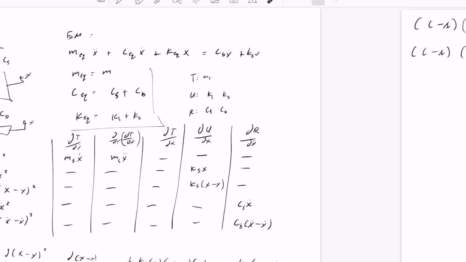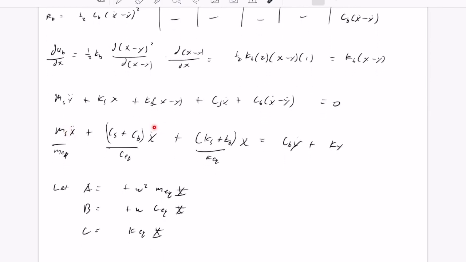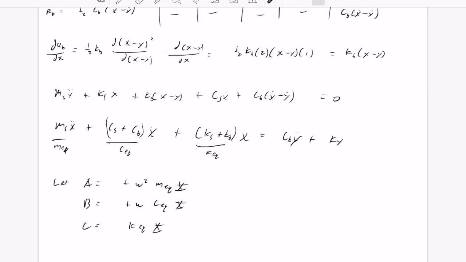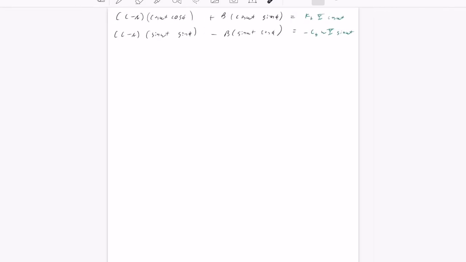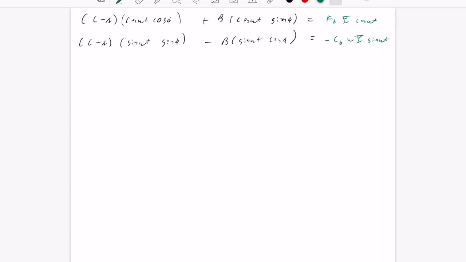So just to make sure you get that, all we did was apply these derivatives, expand the cosine of omega t minus phi and the sine of omega t minus phi, and collect the sine terms and the cosine terms together. The reason I wanted to show this is because on the next example we're going to go really generic.